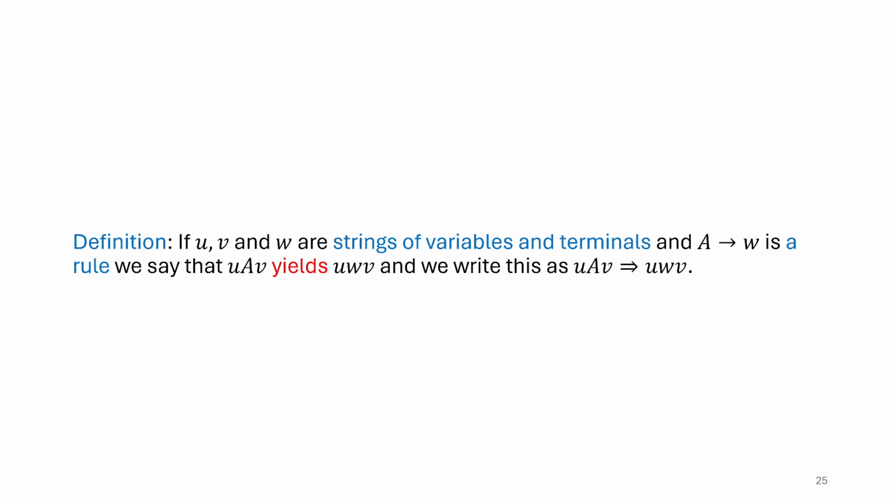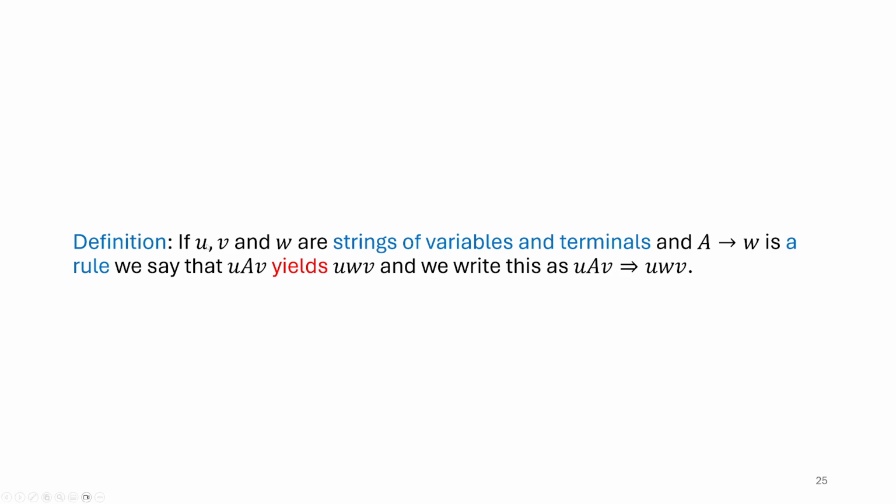One of the verbs we were using in one of our earlier definitions was the verb to yield. How do we yield something? That's basically just explaining, again in formal terms, how a rule replacement works. So let's formalize that as much as we need to here.